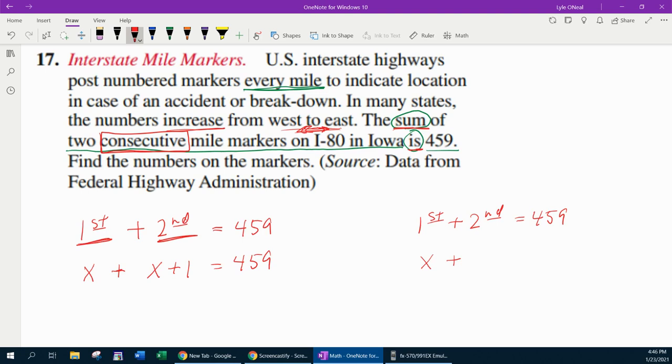And so the second mile marker would be whatever the first one was minus 1. So do you see the way you set up the problem is going to be a little bit different based on whether you decide that you're going east to west or west to east? My question is, are we going to get the same answers either way? Well, let's find out.